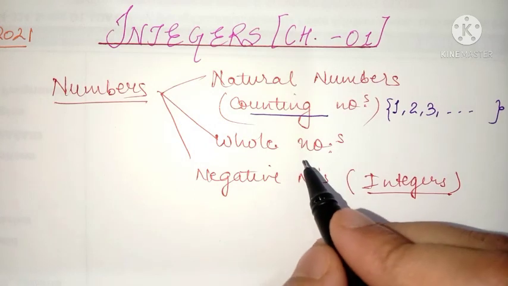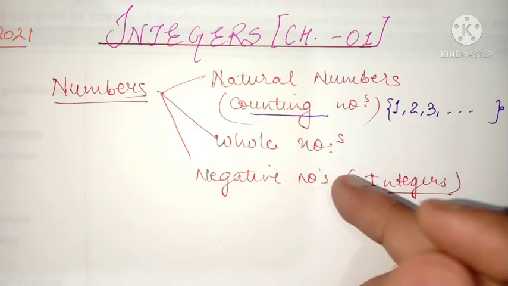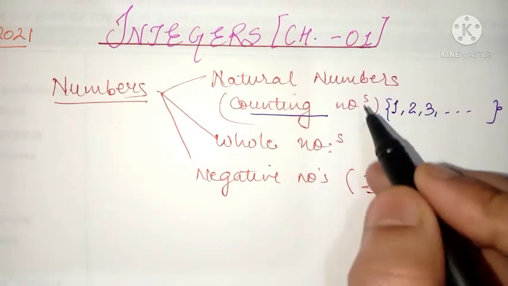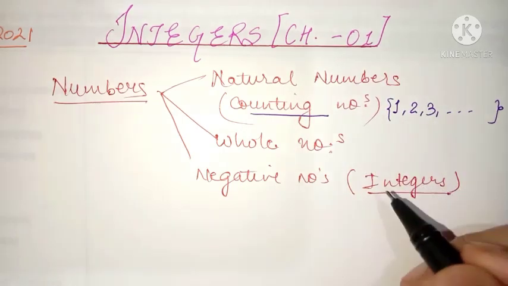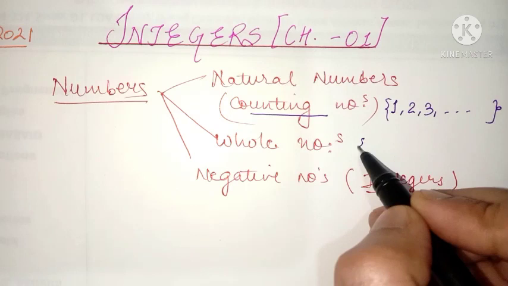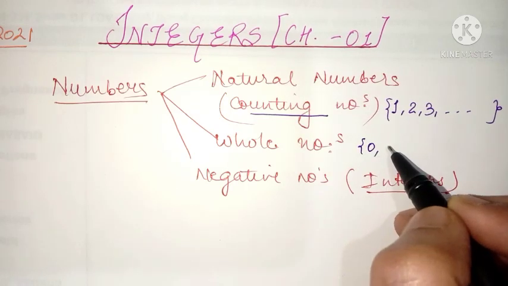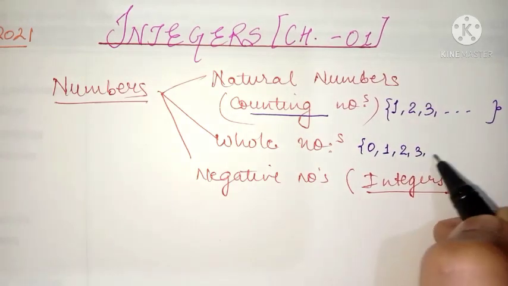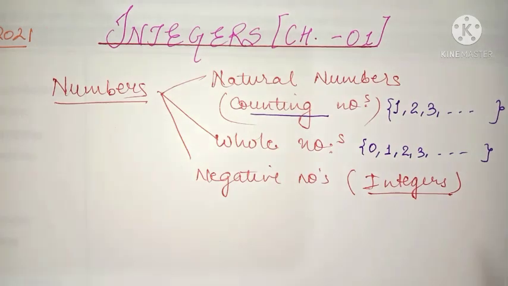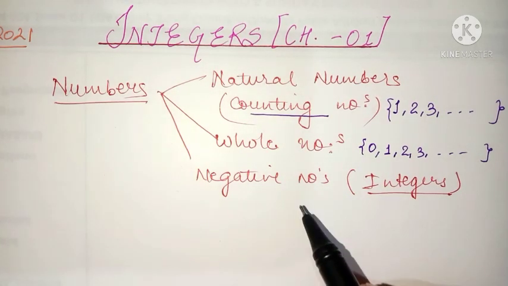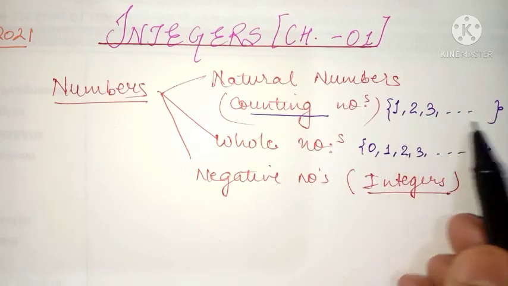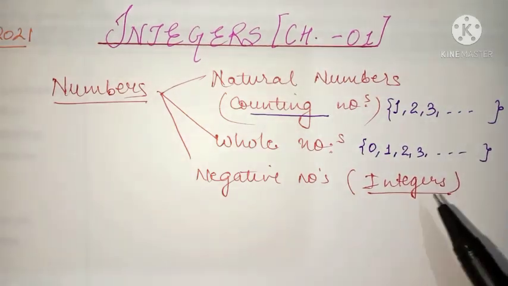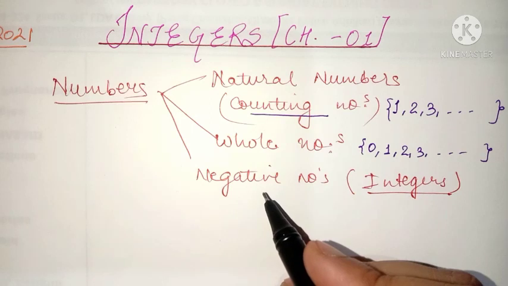Next we have whole numbers. Whole numbers are exactly the natural numbers, but with another number, which is 0. So basically whole numbers are 0 and all the natural numbers. We list them in the same way. Next you have studied what negative numbers are. If we have the natural numbers 1, 2, 3 and so on, we can have negative numbers as well.